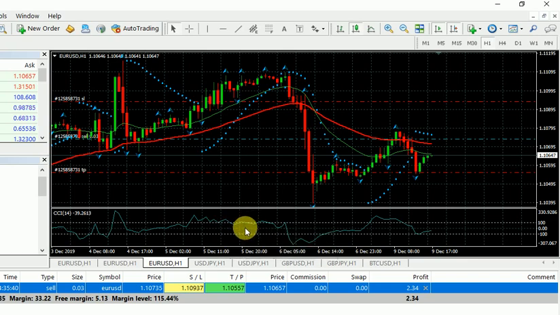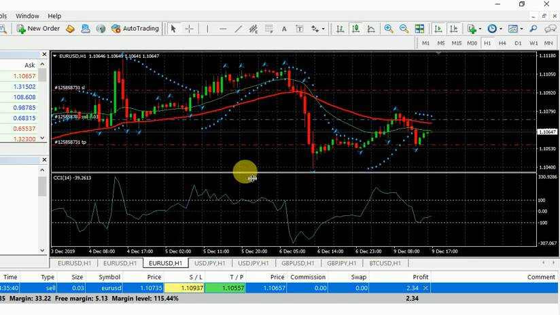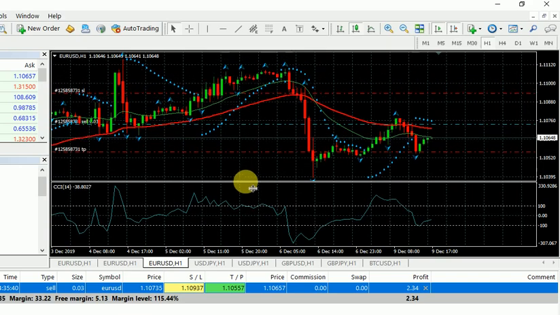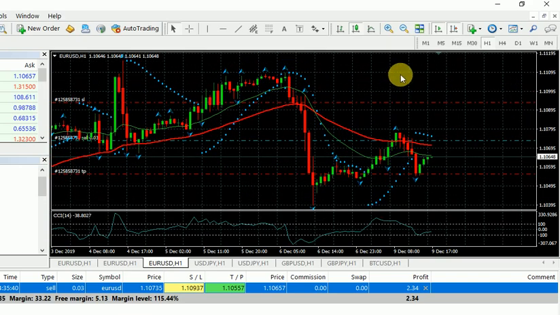For filtering my trades, I'm also using another indicator, which is CCI. You can use CCI or you can skip it too, but it is better to use an indicator like CCI or stochastic for trade filtration, but it is not mandatory.